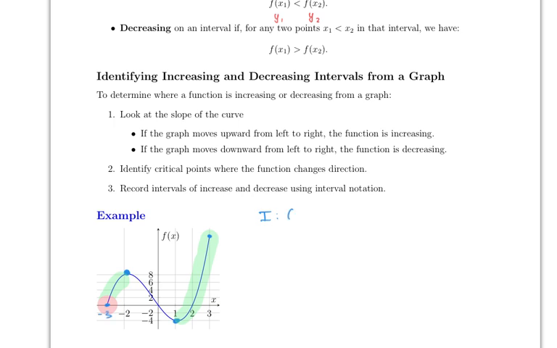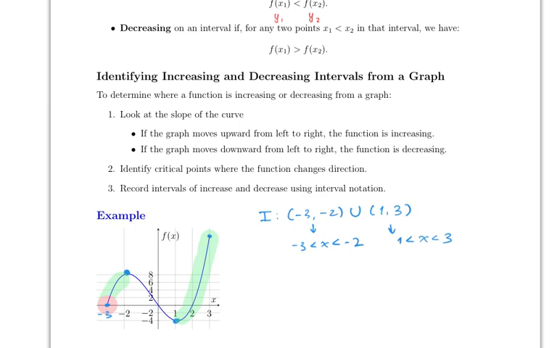So this is increasing from -3 to -2, or, the happy face means, 1 to 3. Okay. If you want to write this in inequalities, this is how you will write it: -3 less than x less than -2, and this will be 1 less than x less than 3. So you can write it either way, but interval notation is usually going to be the most common.